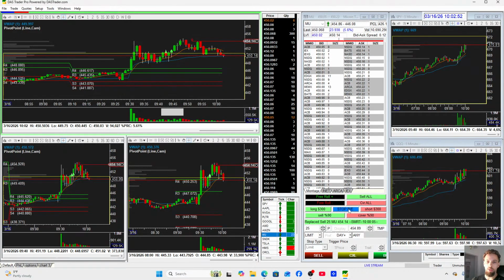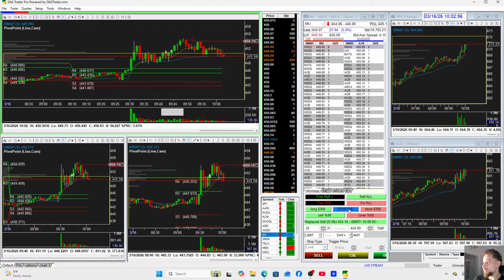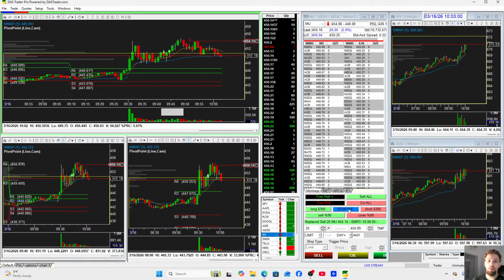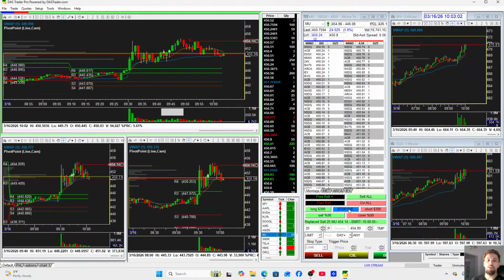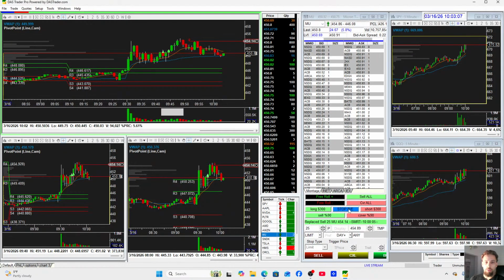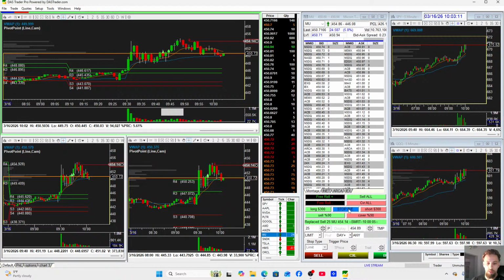Testing 450 still. Definitely seems to be the area where people find that this stock holds value at. So that 450 got filled and it held that price, so that's nice for me rather than it squeezing down.